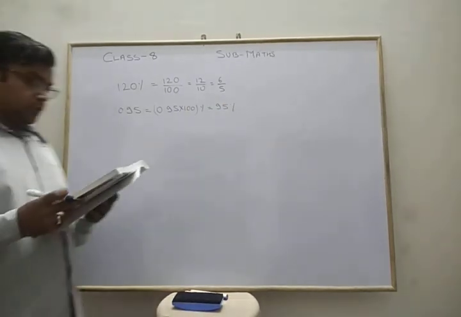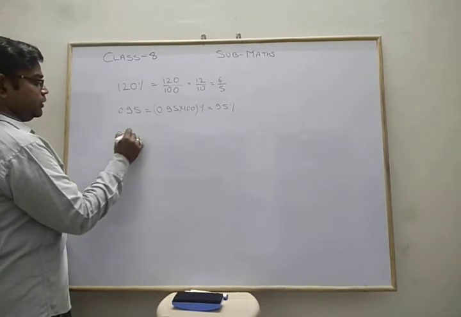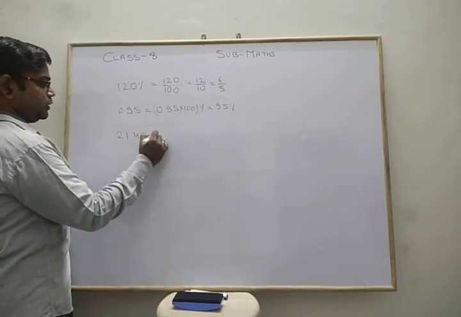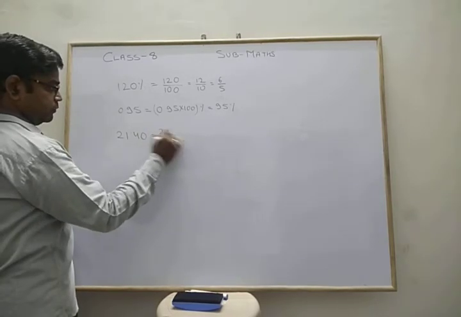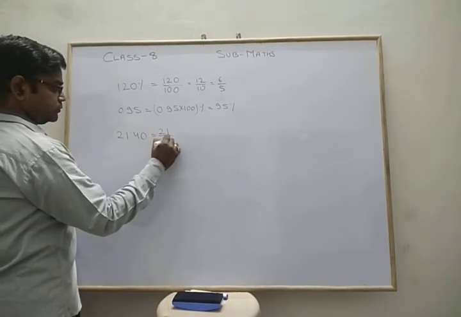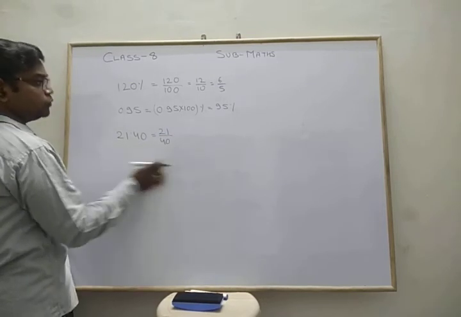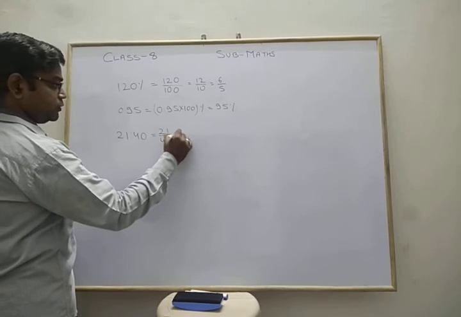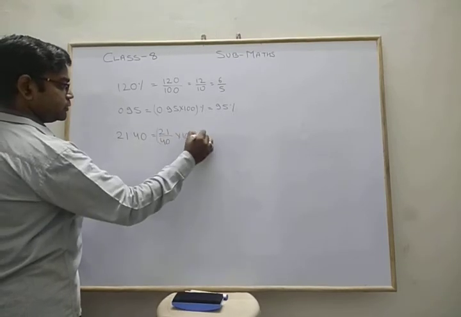Then if a ratio is given, 21:40, how do we convert it into a percentage? First write it in fraction form, then to convert from ratio to percentage, we multiply.